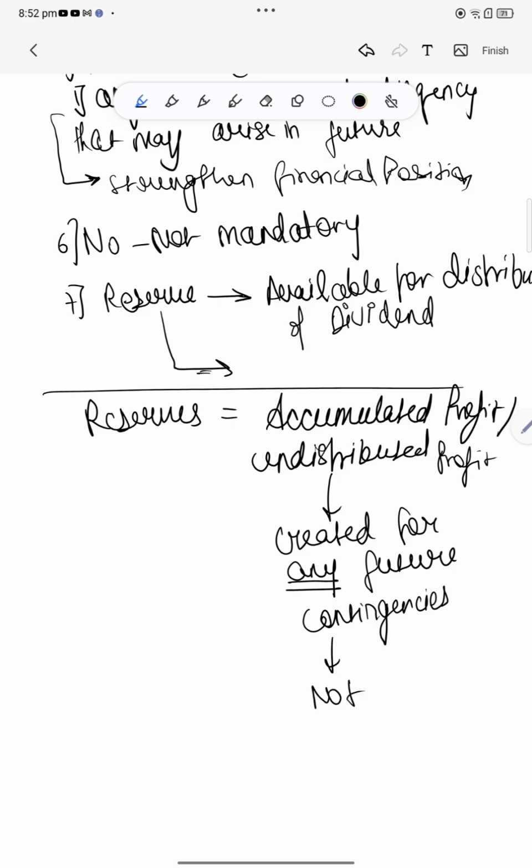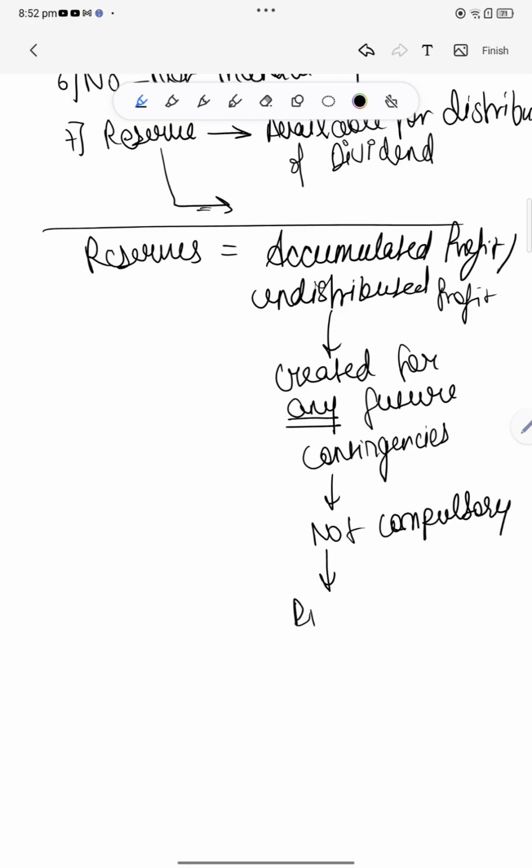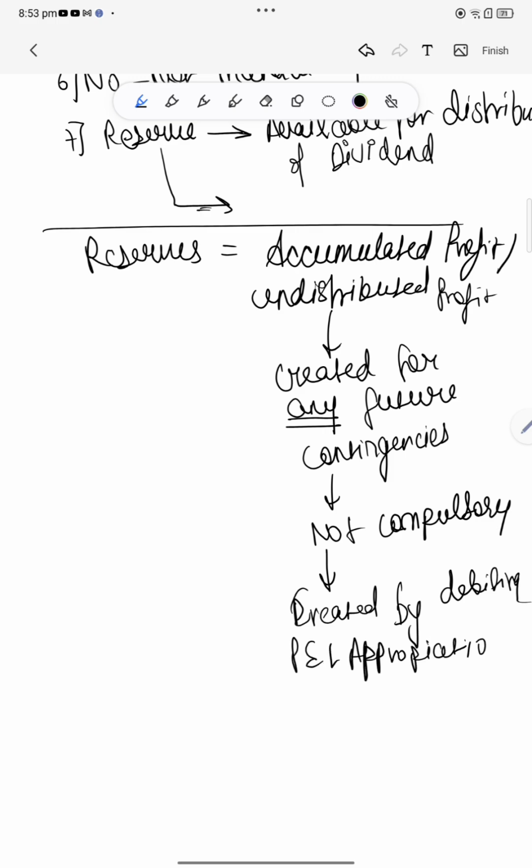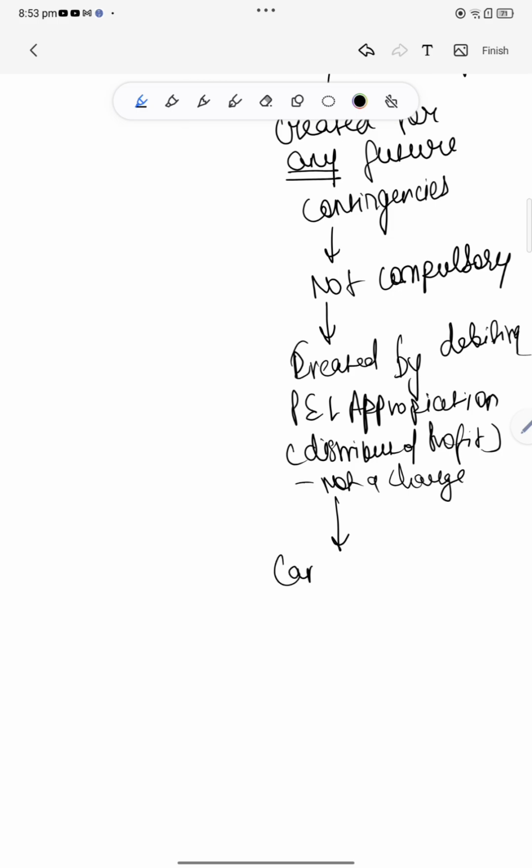Not compulsory, created by debiting P&L appropriation account. So it's basically a distribution of profit. It's not a charge, and can be used in distribution of dividend.